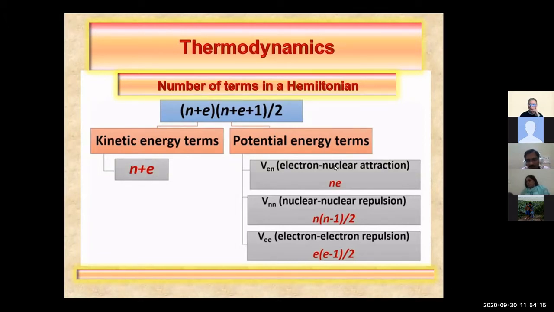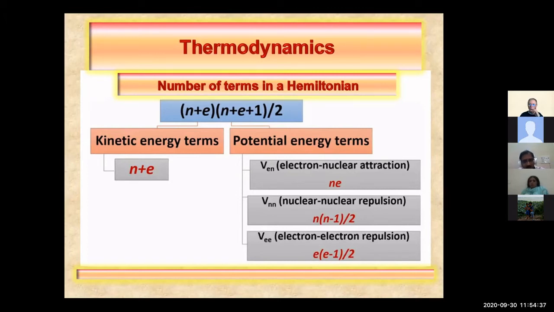Having said this, if we go to small molecules like water, carbon dioxide, and ultimately benzene, we will see that the terms which appear in the Hamiltonian rise to 1400 plus terms for benzene.